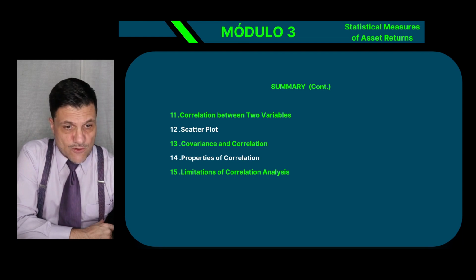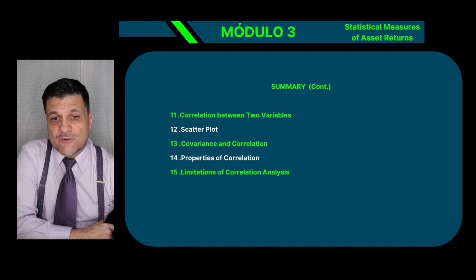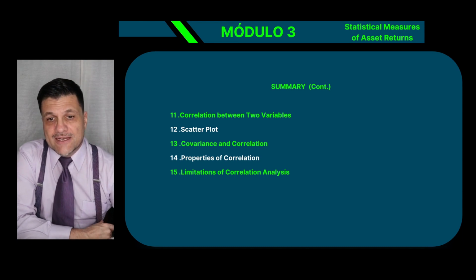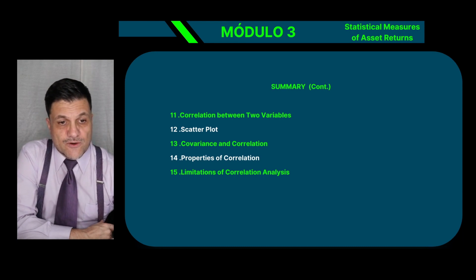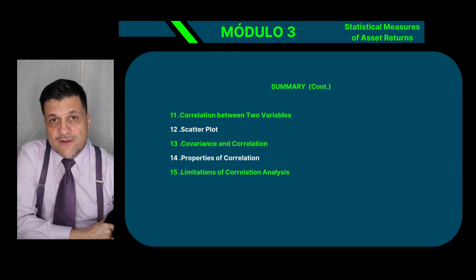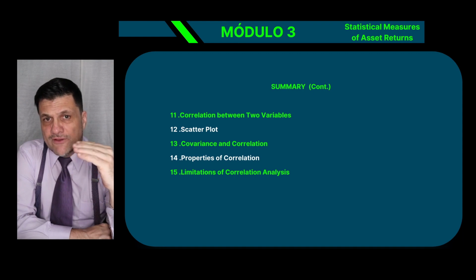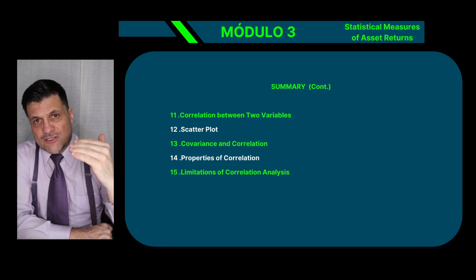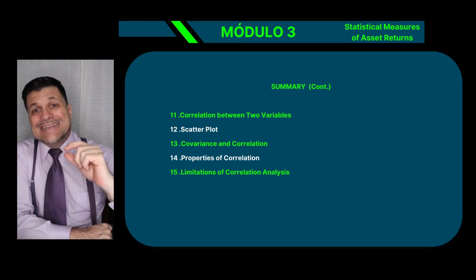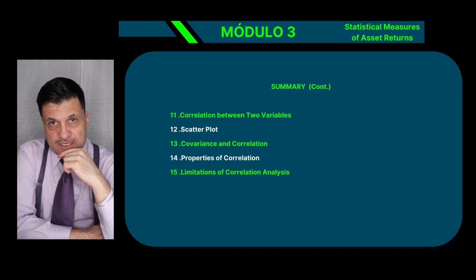What is the correlation of two variables? What is the difference, friends, between correlation and covariance? Correlation and covariance measure how the variables are moving together: in the same direction, in the opposite direction, and the intensity with which those variables move.